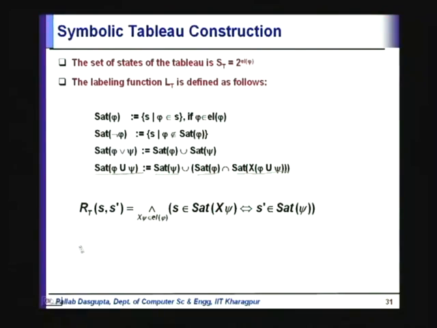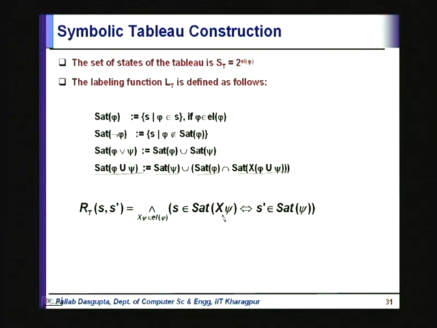So, the transition relation R, S to S dash, is the intersection of these things: we put a transition from S to S dash, provided that S belongs to SAT of X psi if and only if S dash belongs to SAT of psi, right.